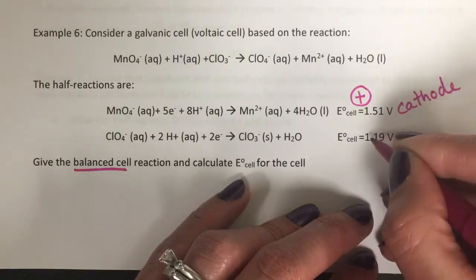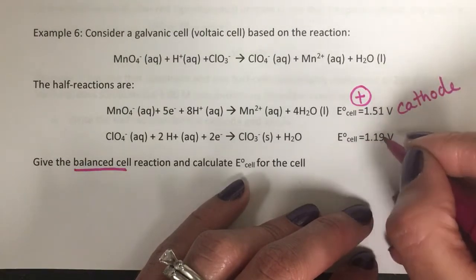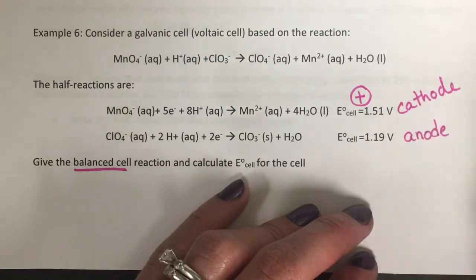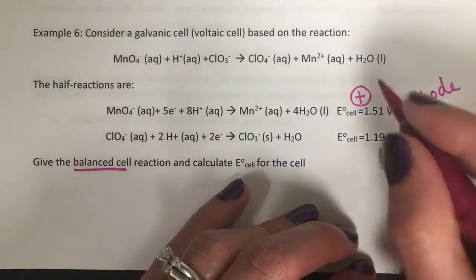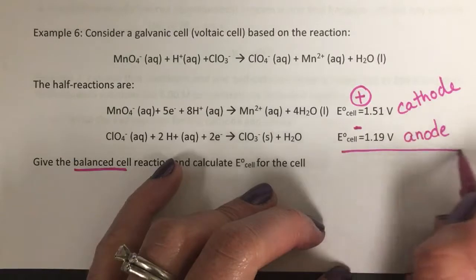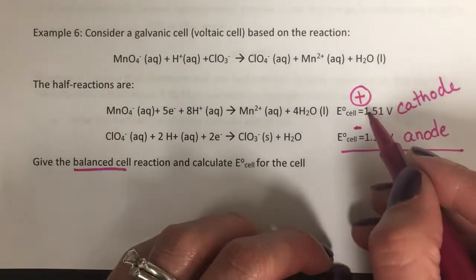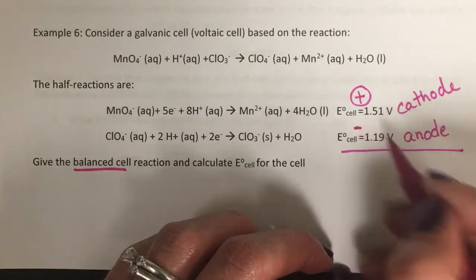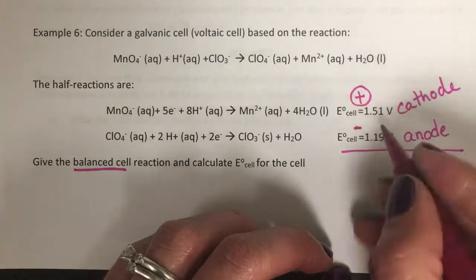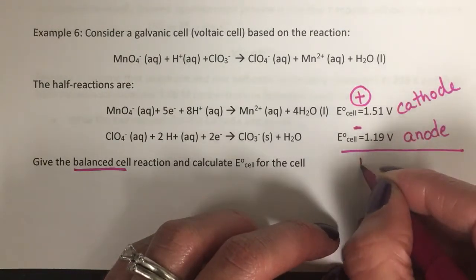Even though this is a positive value, it's a smaller positive value, it will be my anode, which means I need to change the sign. Okay? So if I add those two together, plus 1.51 minus 1.19, I get my overall voltage for the cell is a positive 0.32 volts.